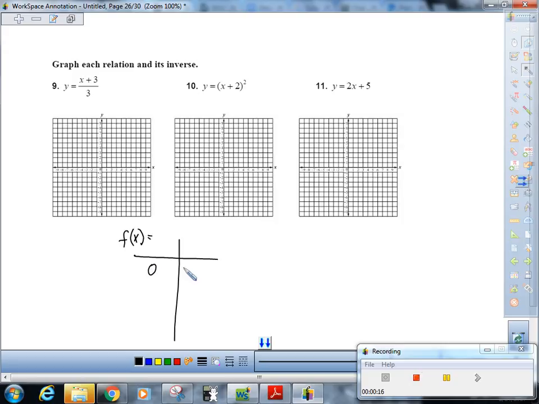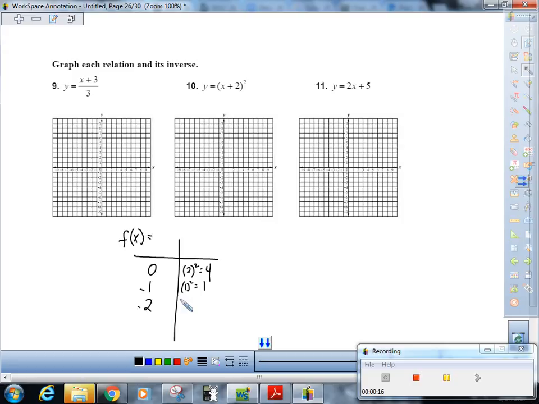0 plus 2 squared is 2 squared. You get 4, okay? Let's put in a negative 1. Negative 1 plus 2 is a positive 1. You get 1 squared, and you get 1. Let's put in a negative 2.